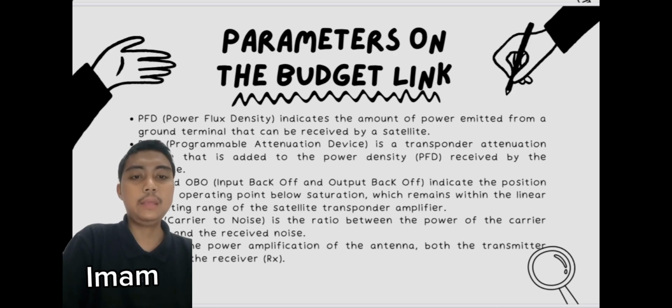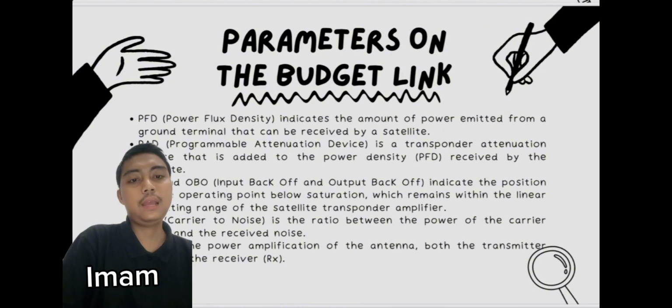And then IBO and OBO, or input back off and output back off, indicate the position of the operating point below saturation, which remains within the linear operating range of the satellite transponder amplifier.